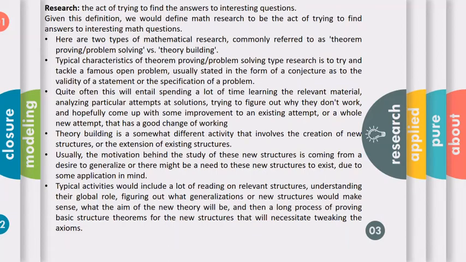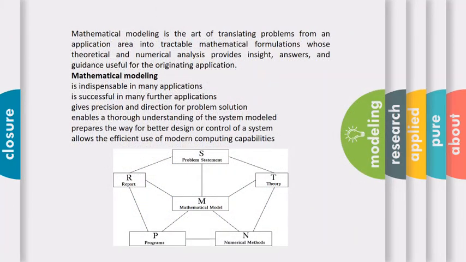Then moving to modeling, after finishing the result, we have mathematical modeling. So what is mathematical modeling? Mathematical modeling is the art of translating problems from an application area into tractable mathematical formulation, whose theoretical and numerical analysis provide insight, answers, and guidance useful for the originating applications.